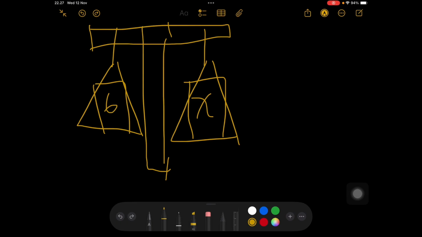Here we can see that this is 6 equals x. If I divide this into 3 equal parts, so this becomes 1/3 x, 1/3 x, and 1/3 x. If I take these two parts away, the scale will not be balanced.